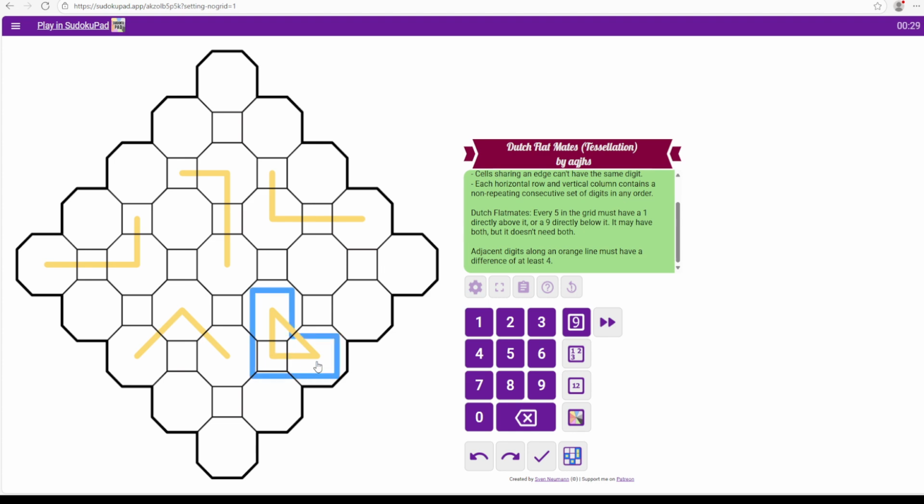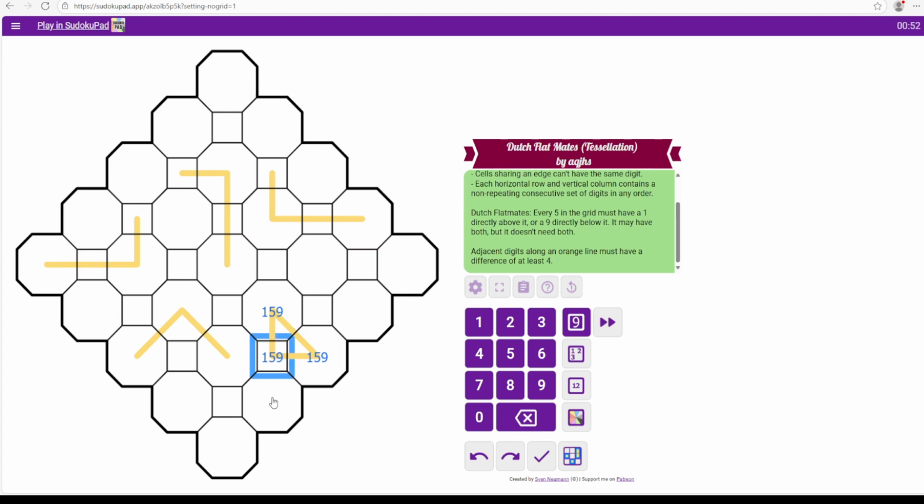So let's start with those 3, I guess. That I think has to be 159, right? Because that would be the only way that works freely. Now, the Dutch flatmates rule says a 5 must have a 1 directly above it or a 9 directly below it.